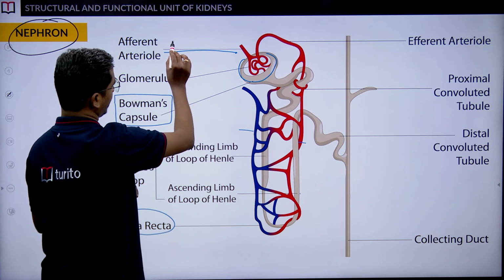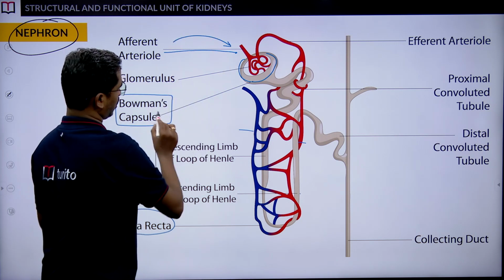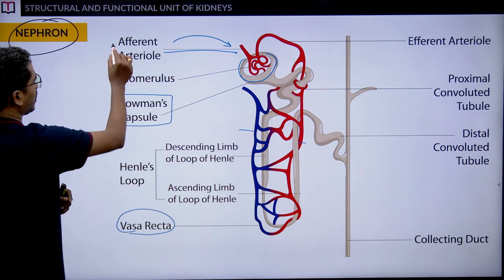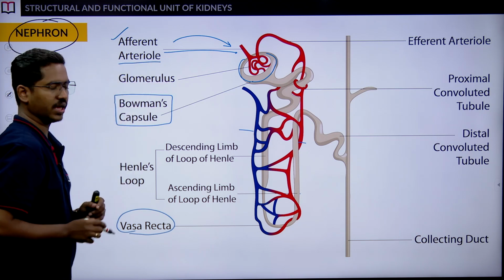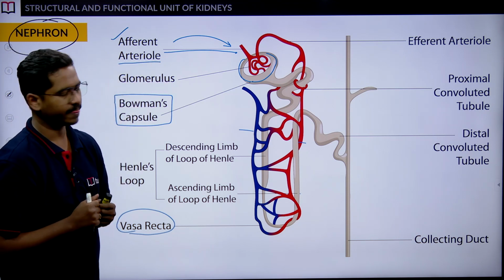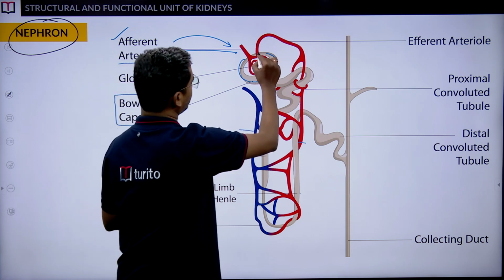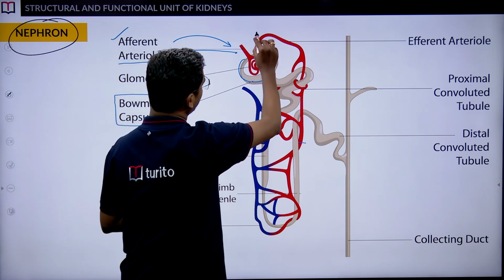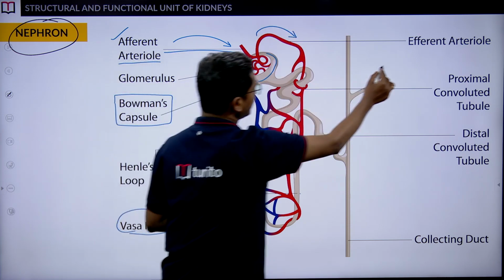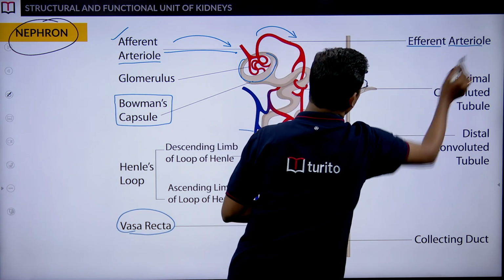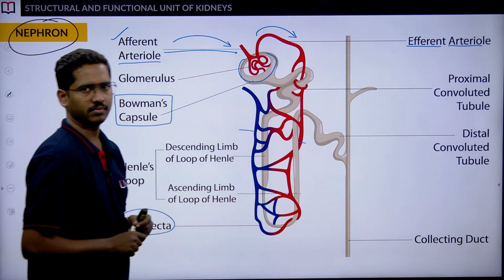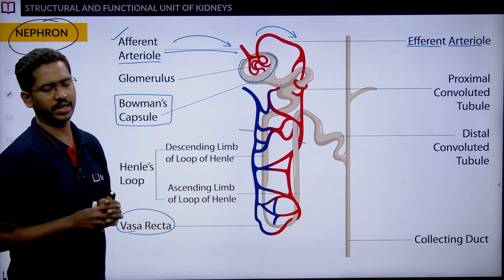The artery which is entering the Bowman's capsule is the afferent arteriole, and there is one more artery just coming out from the Bowman's capsule, that is the efferent arteriole. The structure is like that.